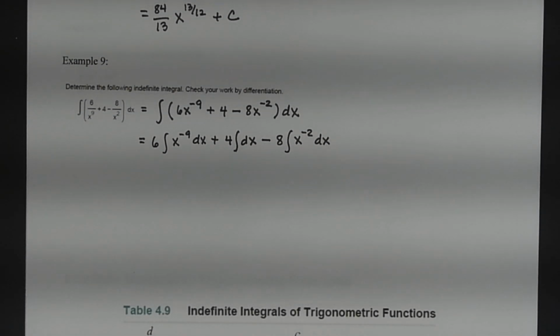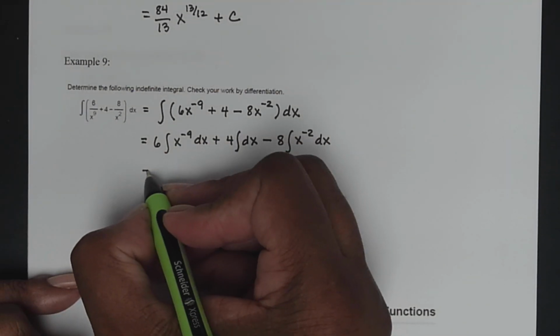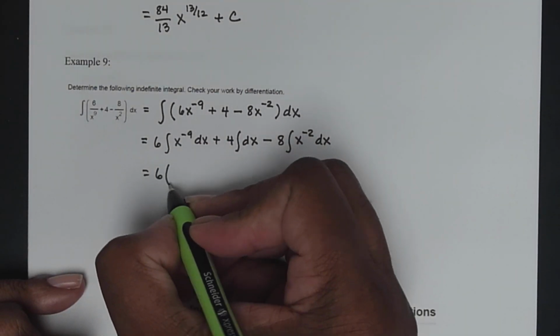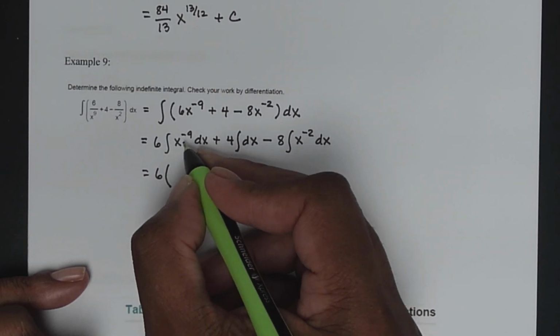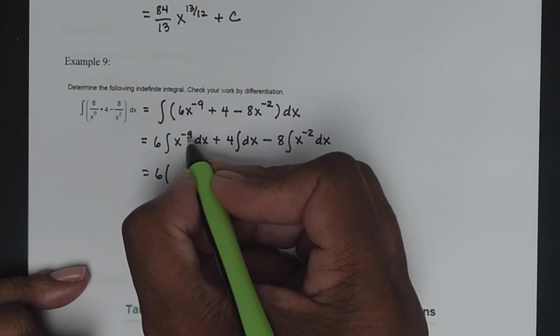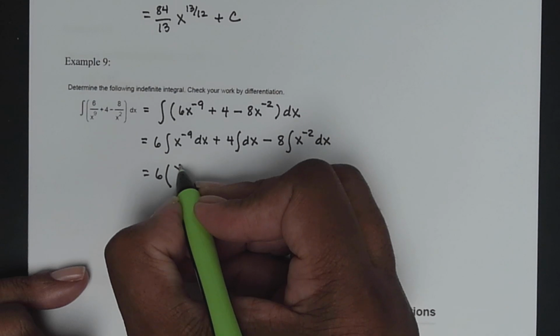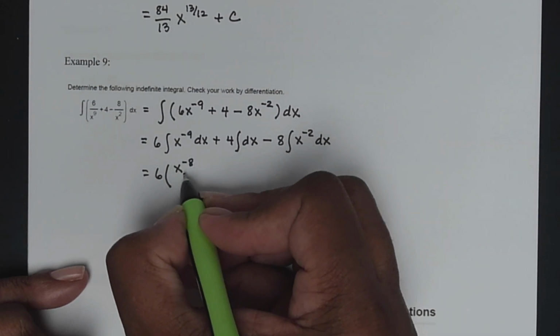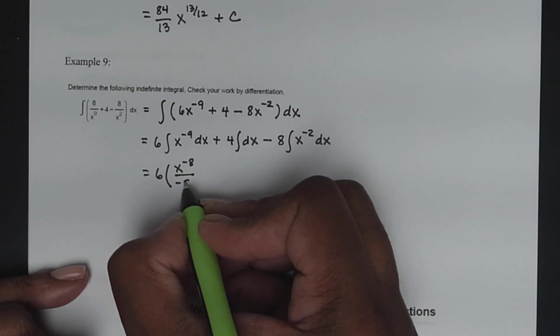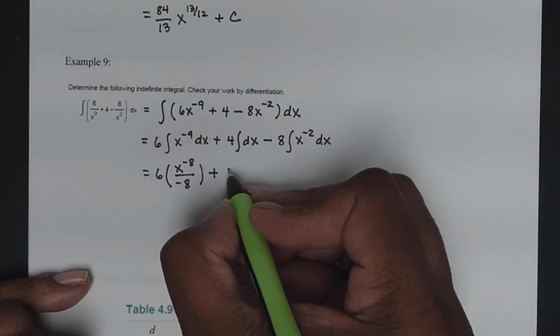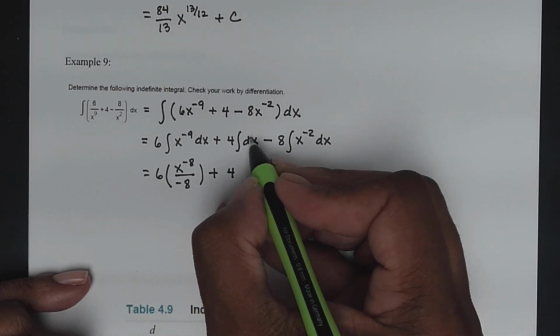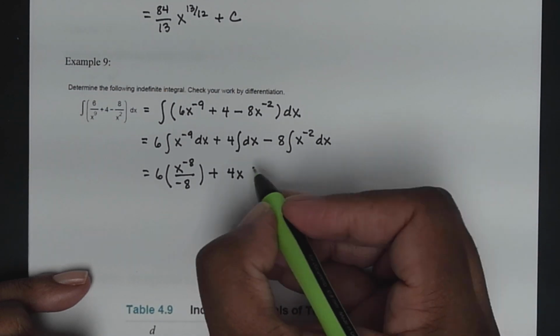All right, so the next thing I'm going to do here is integrate each part. For the integral of x to the negative 9 dx, I'll increase the power by 1, so it'll be negative 9 plus 1, that'll be x to the negative 8. And then divide that by your new exponent of negative 8. Plus 4 times the integral of dx, of course, that's just going to be x.